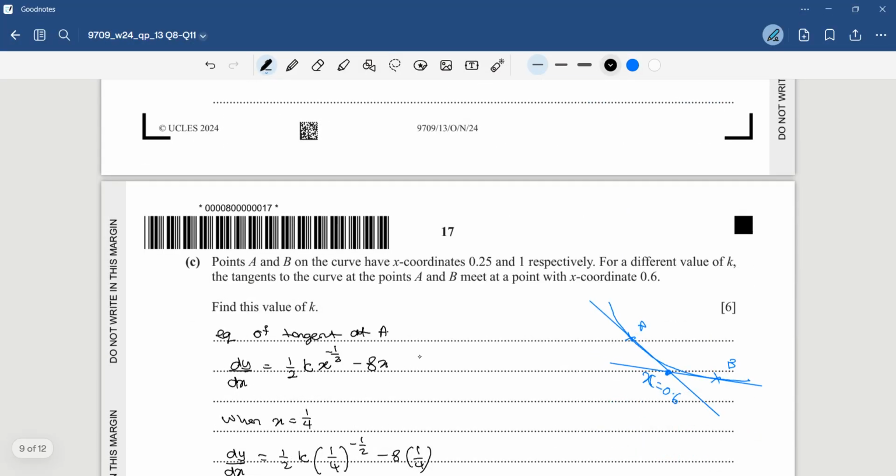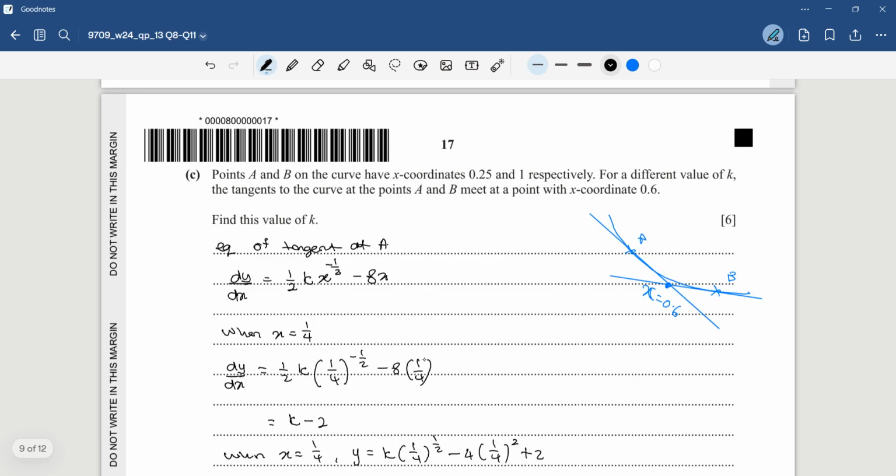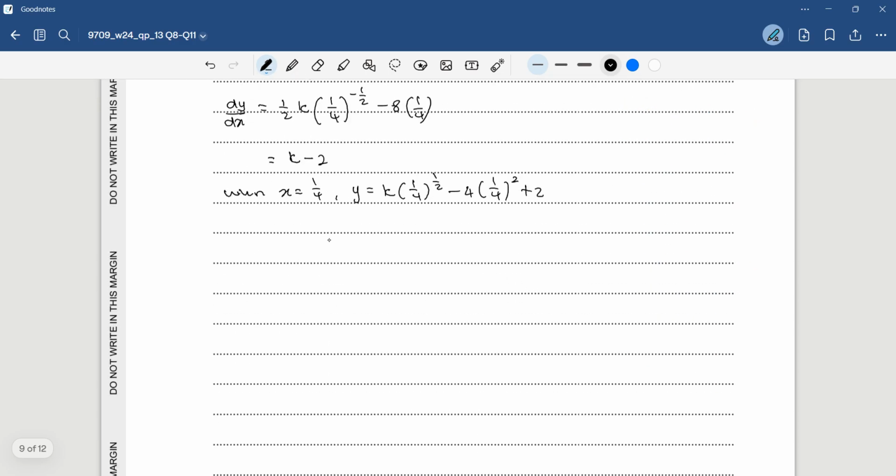Okay. So it's going to be y equal to 1 over 2k minus 2. Sorry, should be 7 over 4.